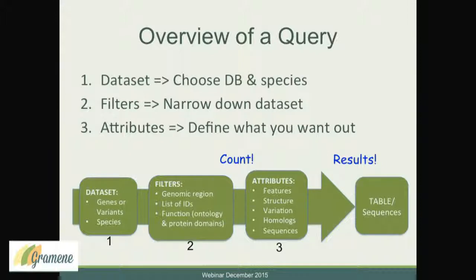The second one is going to allow you to use filters to narrow down the data set that you want. And the third one, you're going to specify the attributes. That is, define what exactly you want out in the exact order you want it. So you've got to be careful when you click on each individual feature that you want in your result table, because that's the order that it's going to appear.